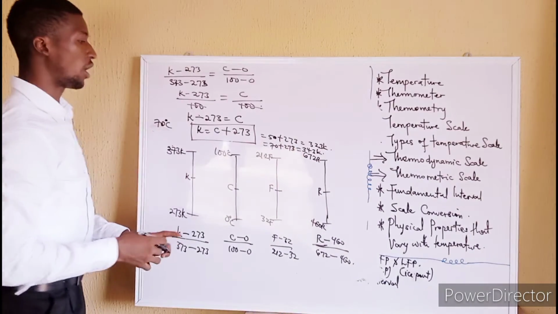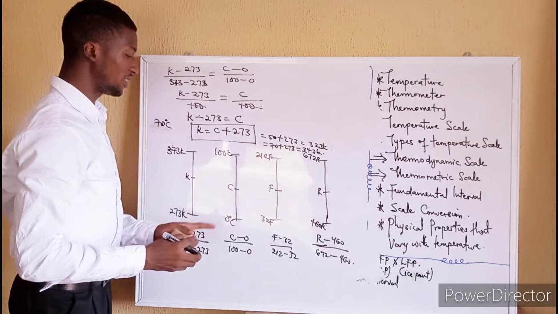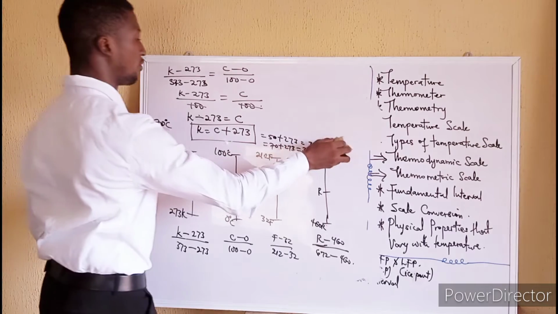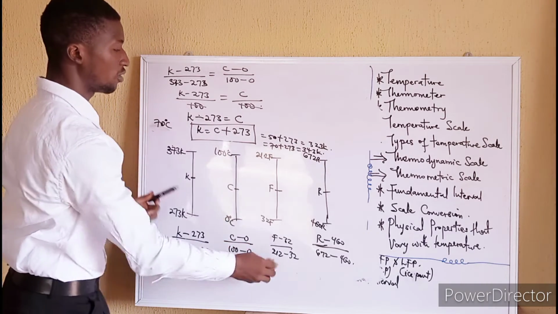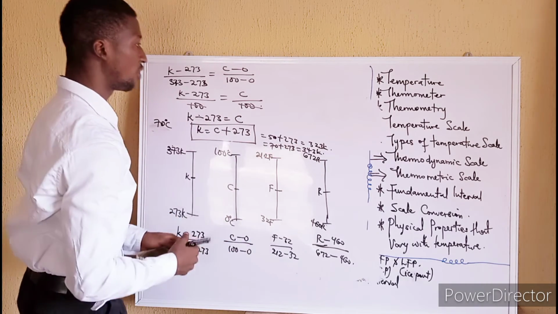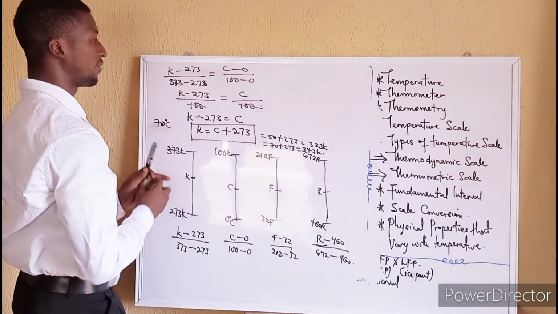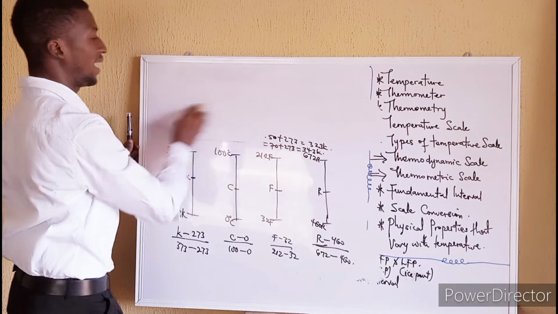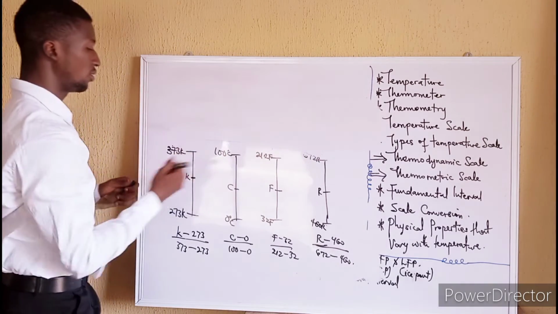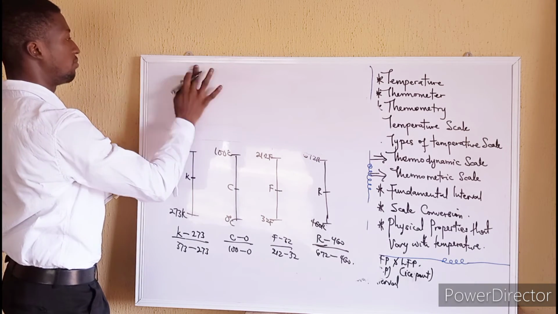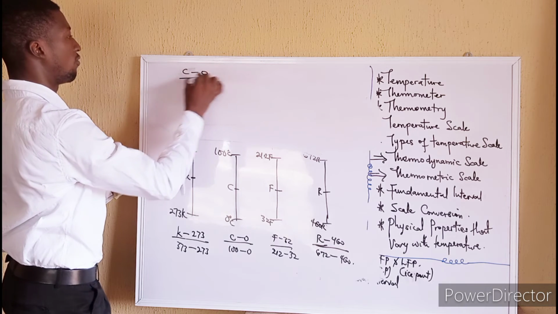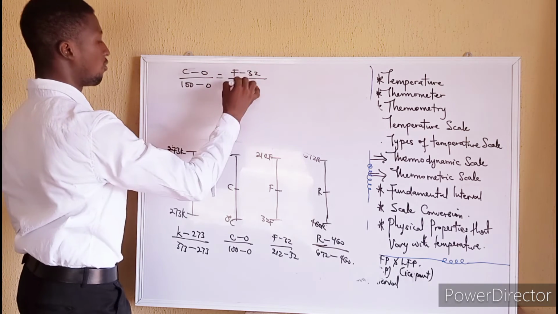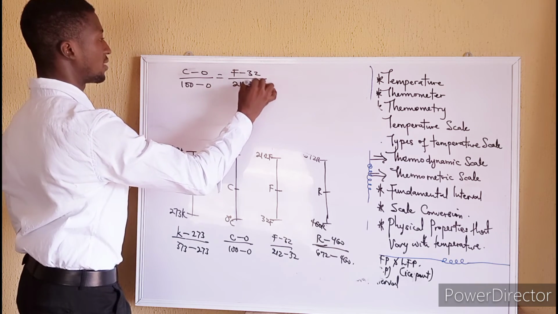But when we talk about the conversion from degrees Celsius to Fahrenheit, let's look at how we convert. We also use the combination of these two. When we use the combination of these two, then we can have this particular conversion where we have C minus 0 over 100 minus 0 is equal to F minus 32 over 212 minus 32.